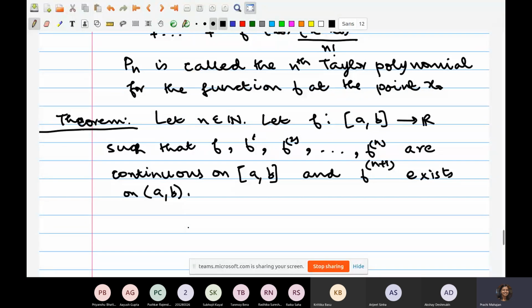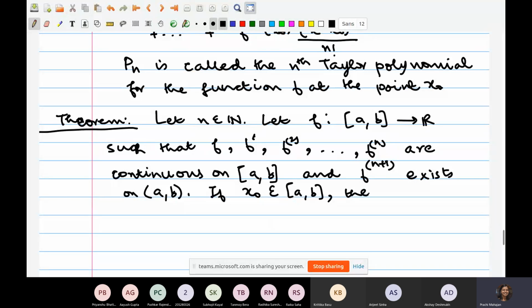Then we can do the following. Let me write it in this form. Let's fix a point x naught in this interval [a, b].